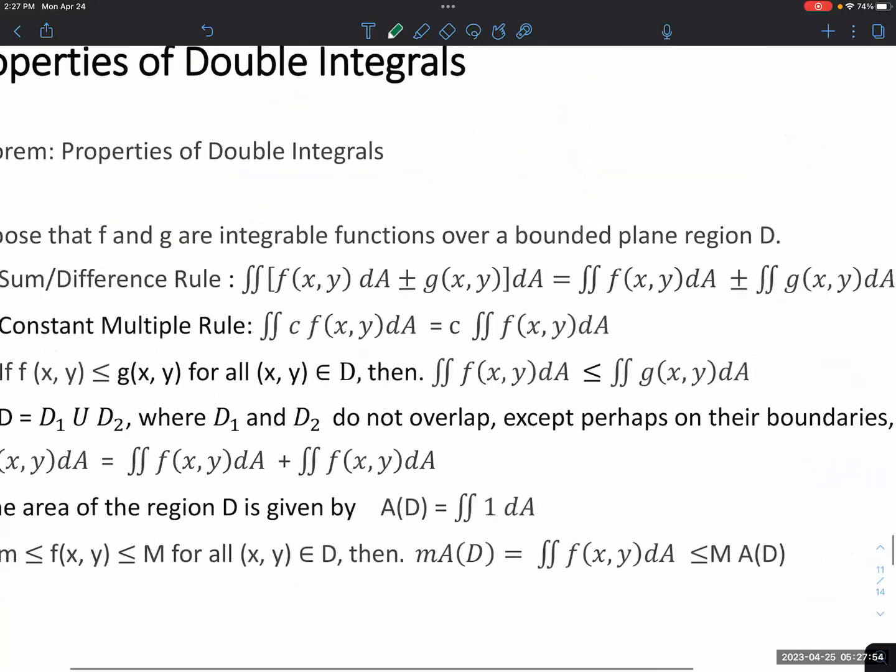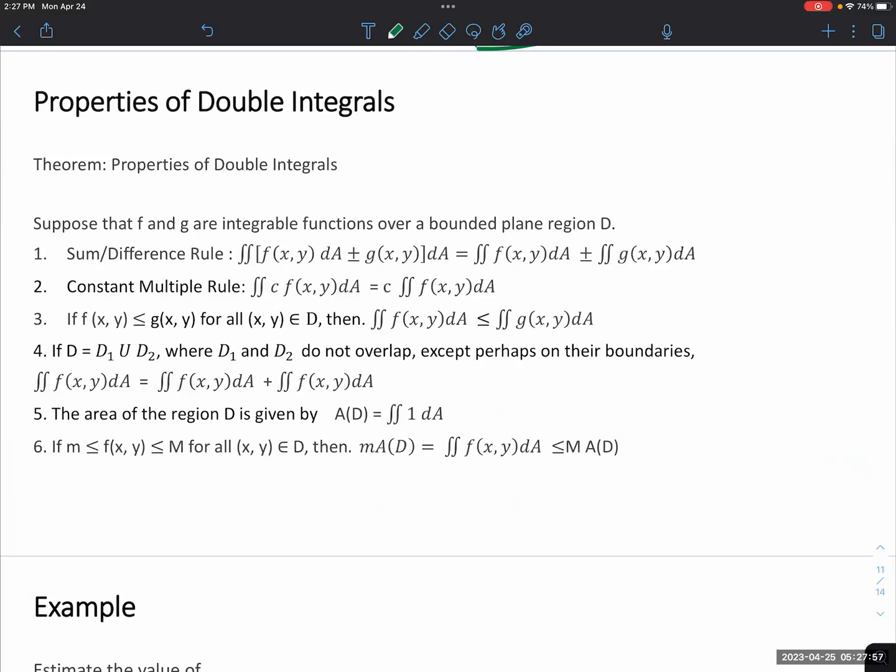You will find the properties for limit, differentiation, integral everywhere. So same thing for the double integral properties. If you have addition, subtraction, you can sum together, subtract together, or you can separate it because of the distributive property, correct? So that's the sum and difference.